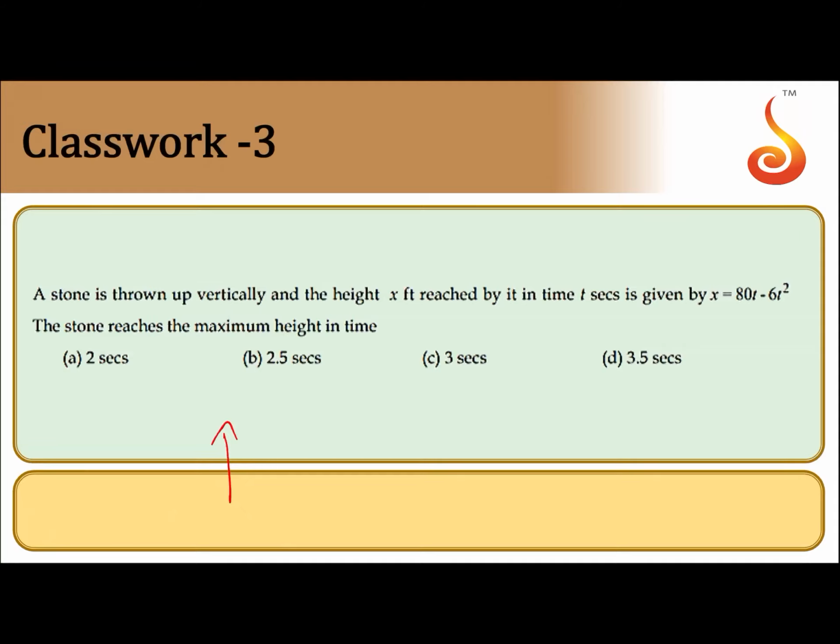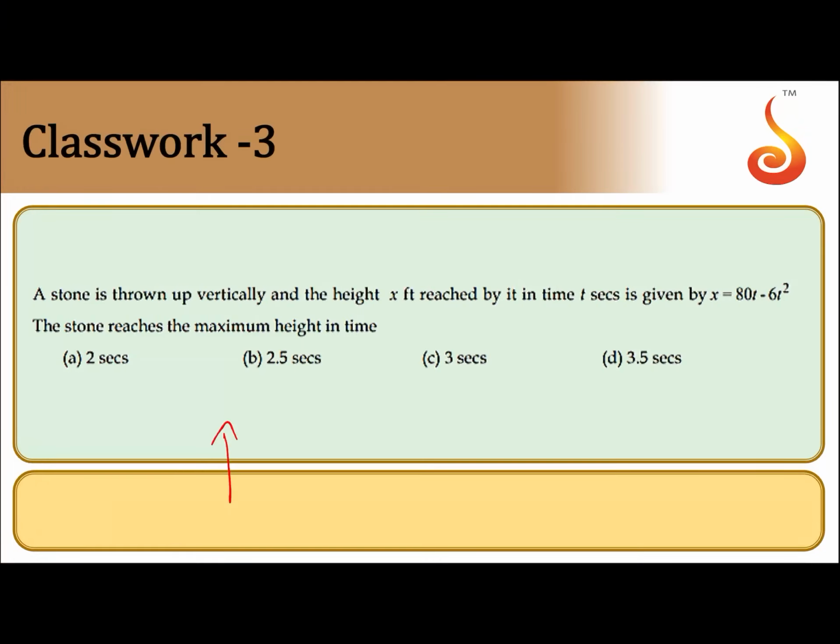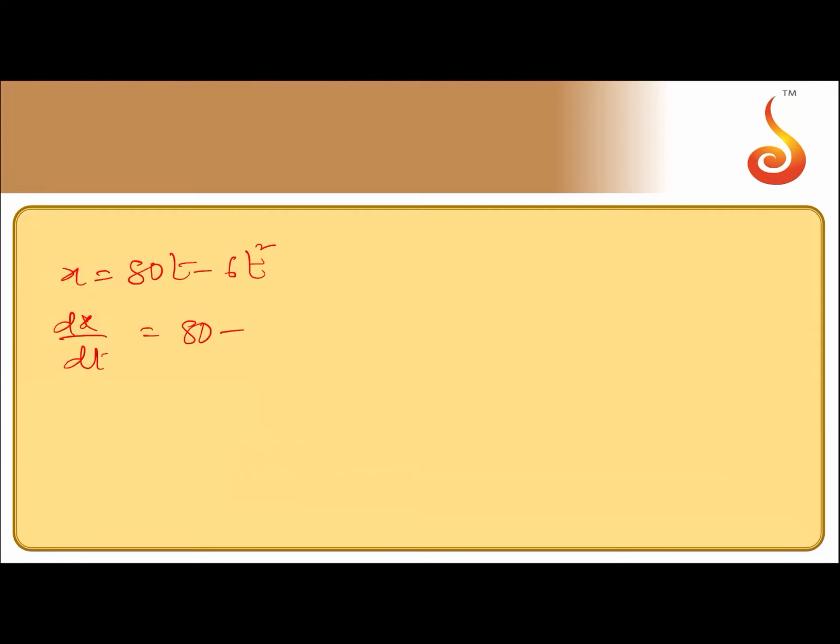The height is maximum only when the velocity is equal to 0. So dx/dt must be 0 to reach the maximum height, and that is 80 minus, I hope it is not 6, it is 16t².